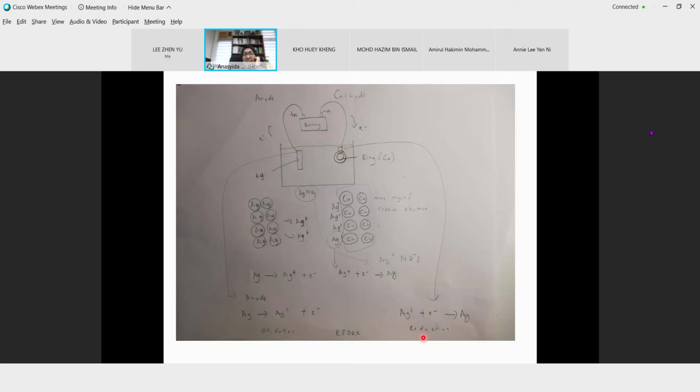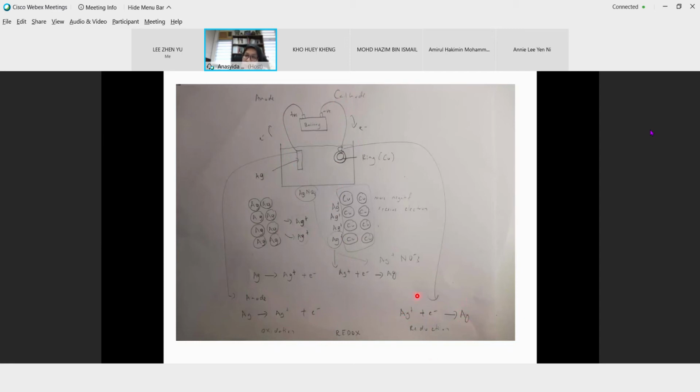And this electron moves through this wire because there is a path for the electron to move. And then at the cathode, you have another process where the ion of silver, sorry, I always say argentum, it's supposed to be called silver. Okay, the silver ion Ag+ will receive the electron supplied from the anode and form Ag, solid silver atom.